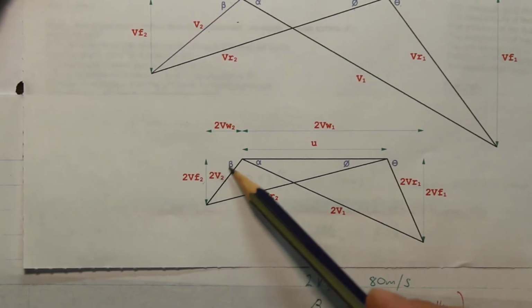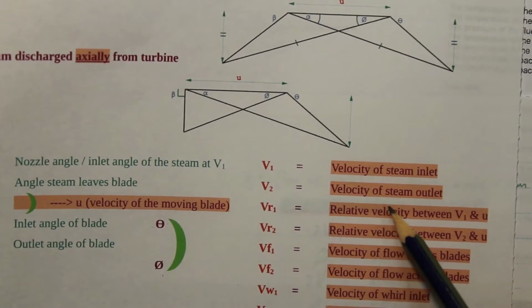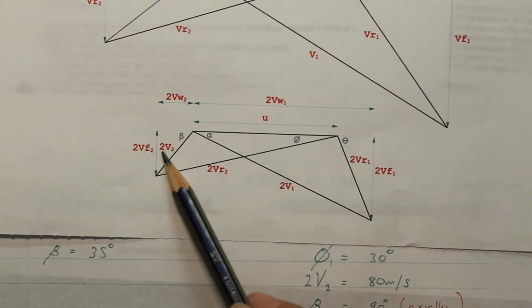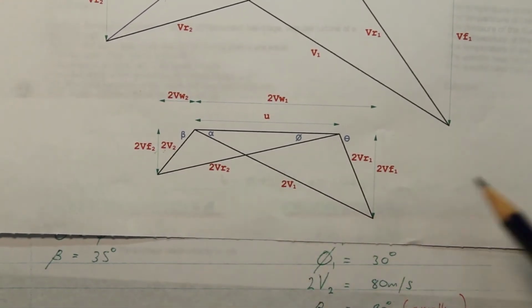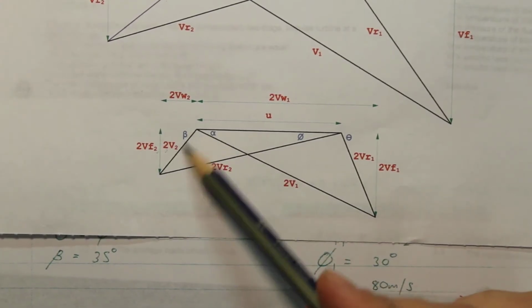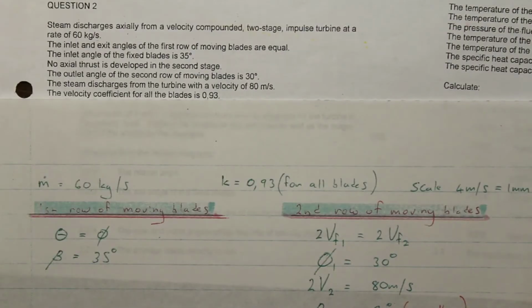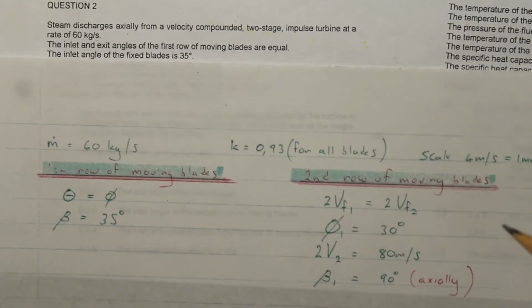Here v2 is the velocity of the steam at the outlet: 2 indicates the second row of moving blades. So it's this vector over here, and that is at 80 meters per second.